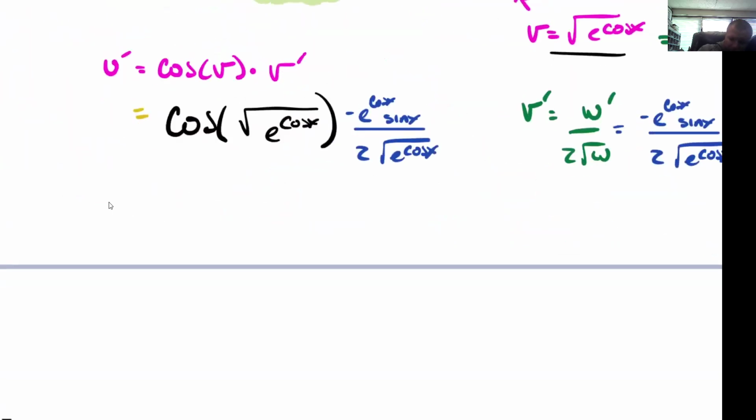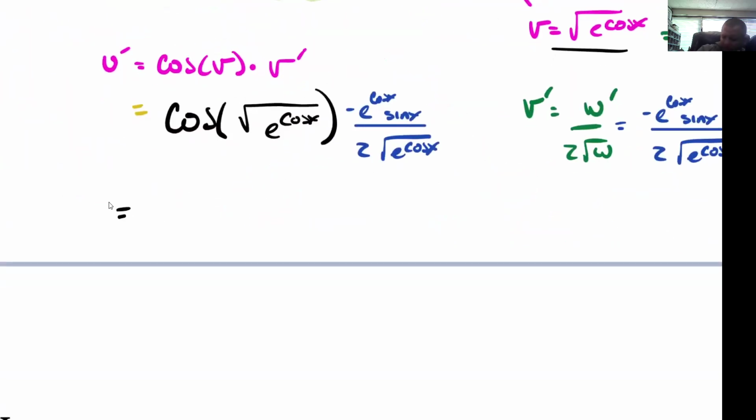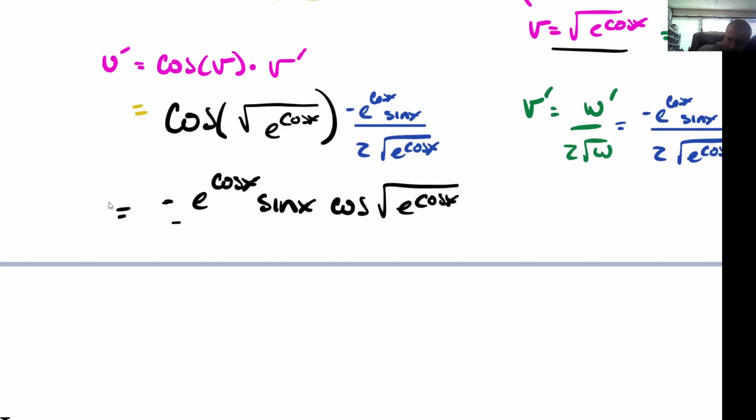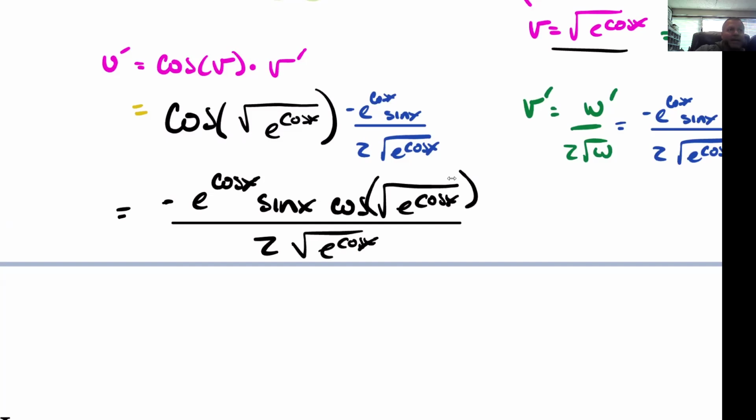I would clean that up a tiny bit to get negative e to the cosine of x, sine of x times the cosine of the square root of e to the cosine of x in the numerator, all over 2 square root of e to the cosine of x. And these two terms here cannot cancel because this is inside the cosine, this is not. So there's our u prime.